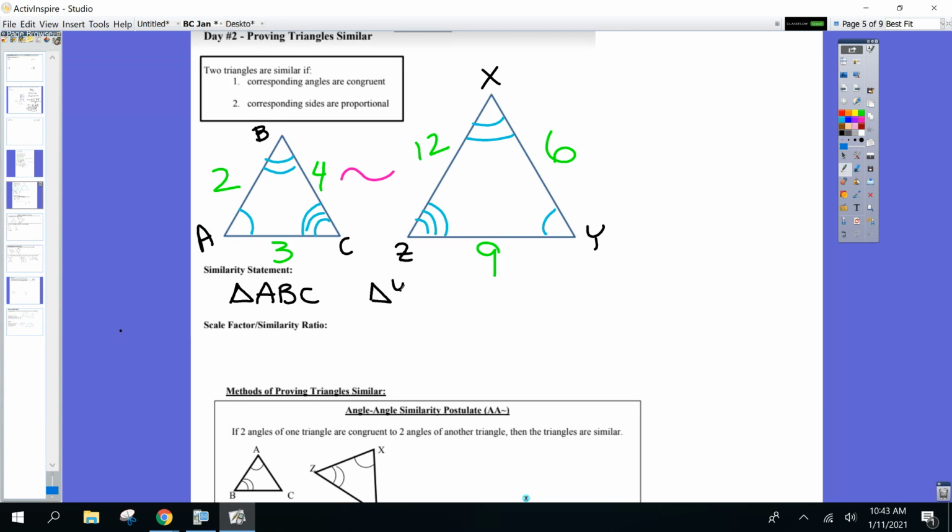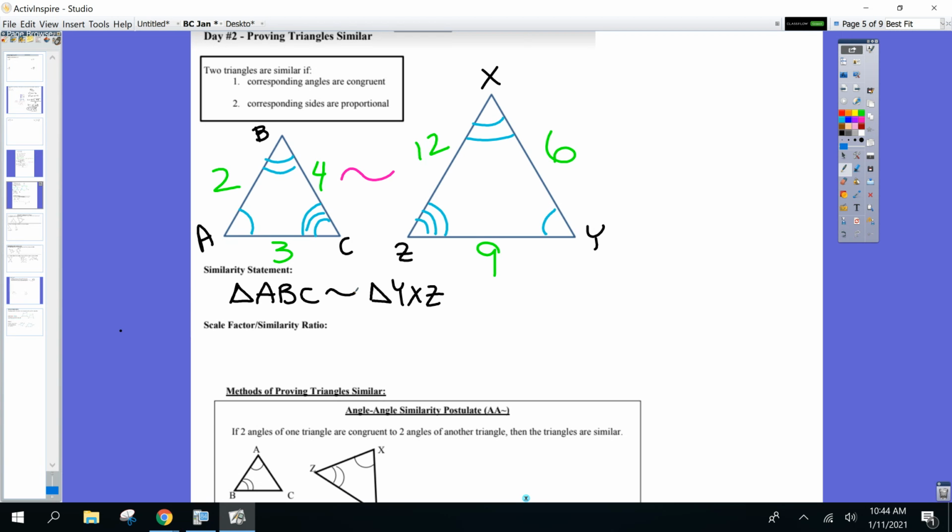Okay, YXZ. Better. All right, everyone see that. You got to make sure your congruent angles match up. And last thing, make sure you're putting the similar sign in between. You guys have been so in the mode of putting congruent. Now I just got to retrain my brain to put similar there.